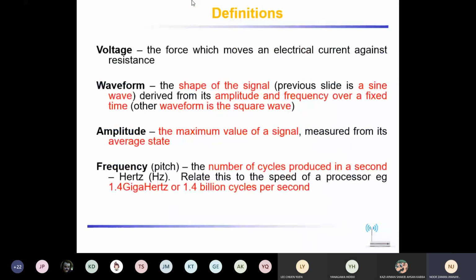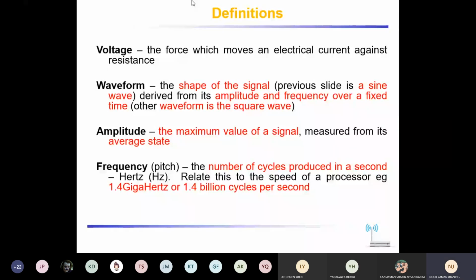Going ahead, now you can see the different definitions for the signals. We are just trying to go a little more in depth so you can understand what we are discussing about signals. For example, the basic definition of voltage. Everyone knows voltage, we use it in our offices, in our homes, and everywhere. It is the force which moves an electrical current against resistance.